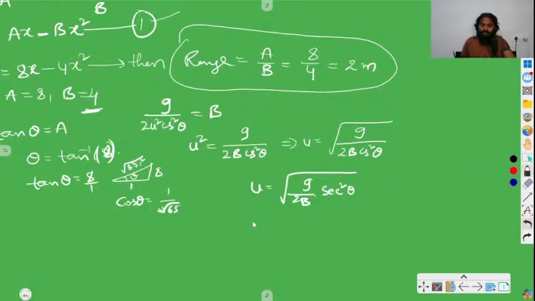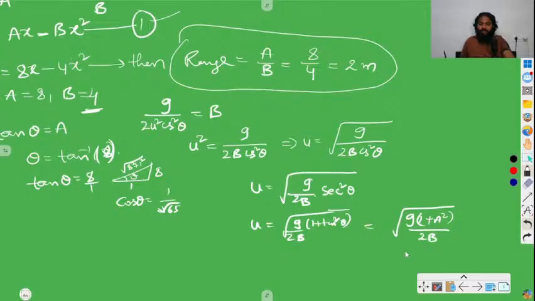So from that you can write u is equal to root of g by 2b into 1 plus tan square theta. So you can write g into 1 plus a square by 2b, with tan theta as a. This is how you can directly use this formula to find the u value also.